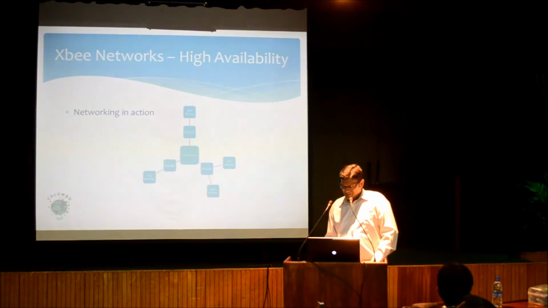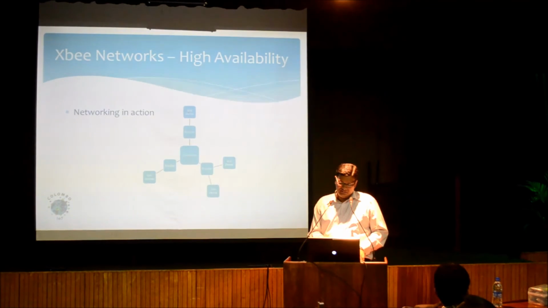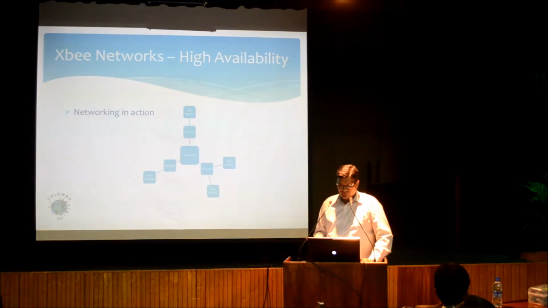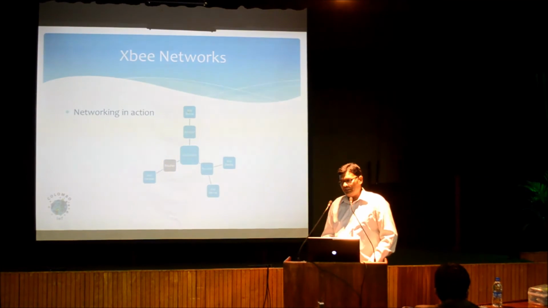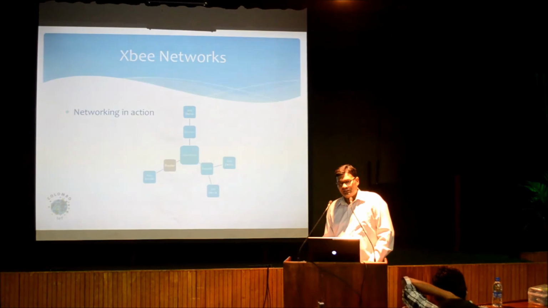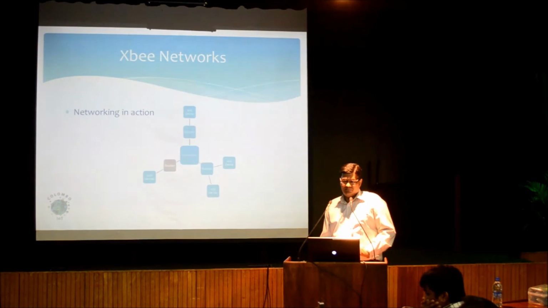And IoT networks enable you to have high availability of your IoT implementation. I'll show how you do it. Now in this situation, say one of your routers goes down and is disabled, and all the devices connected to it will be disconnected from the network.